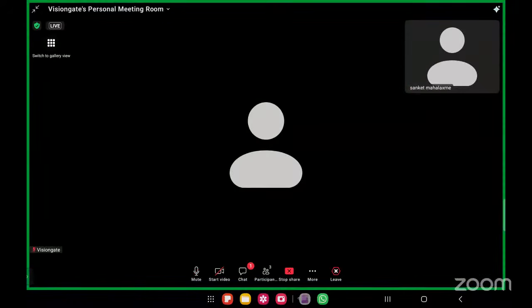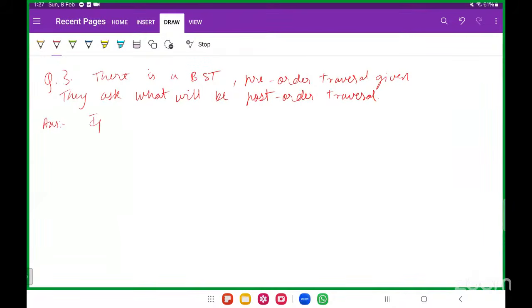The pre-order traversal is given. Sort those elements, and you will get the traversal of an in-order. You are given the BST pre-order traversal.